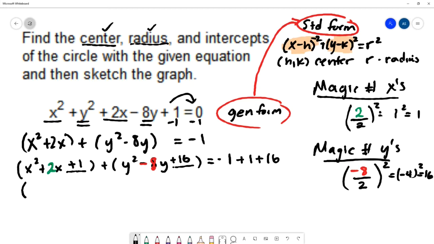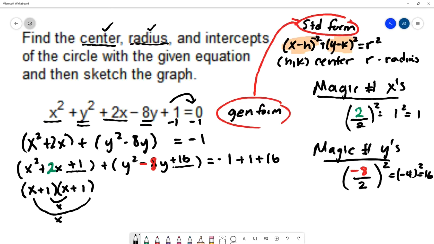So x squared plus 2x plus 1 is a trinomial. I'm going to factor it into two binomials. x times x gives me the first term of x squared. 1 times 1 gives me the last term of 1. And if we multiply the outside and the inside, that's x and x. x plus x will give me the 2x in the middle.